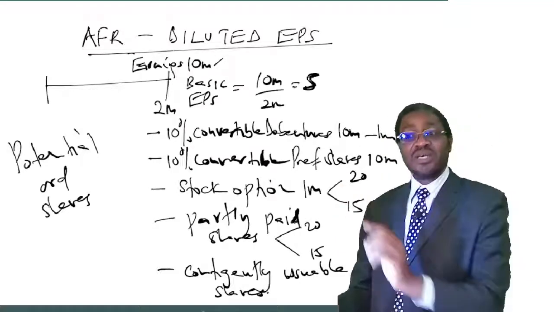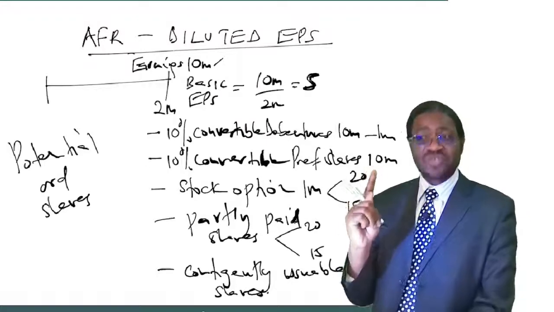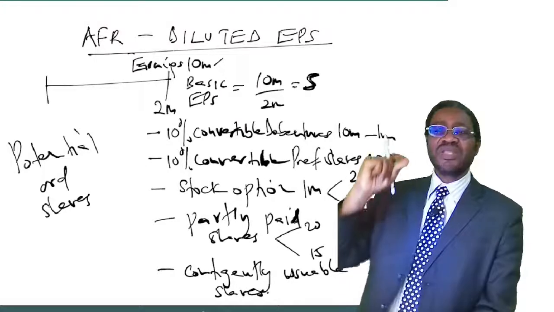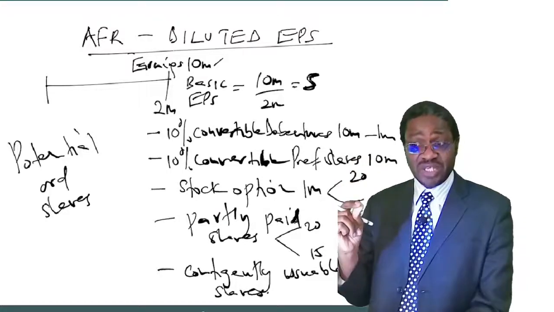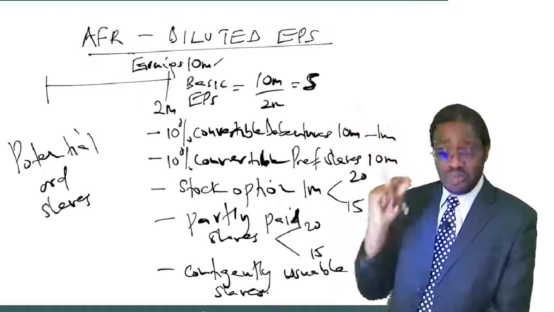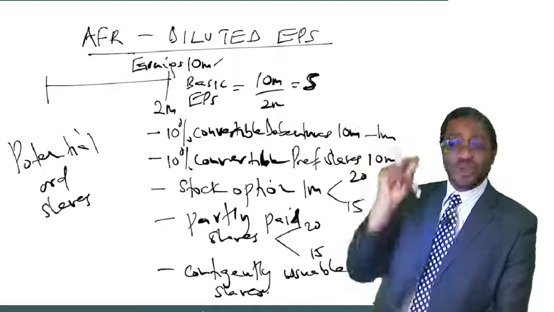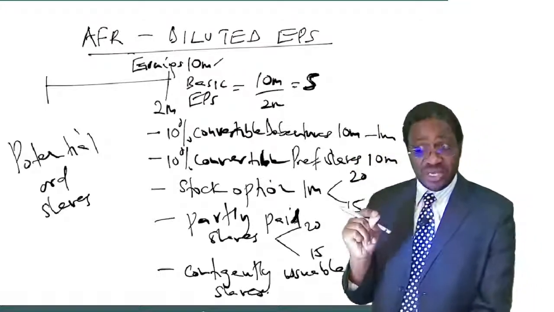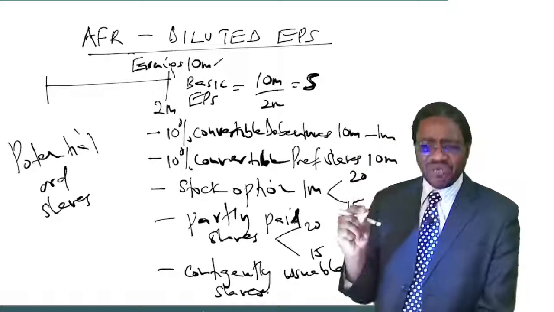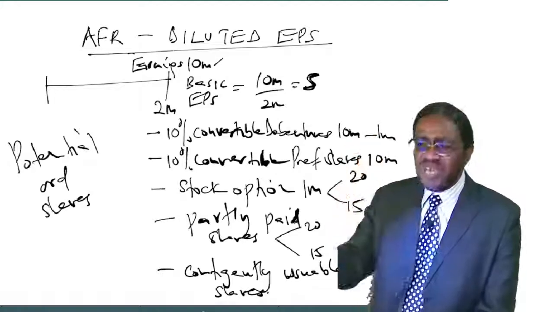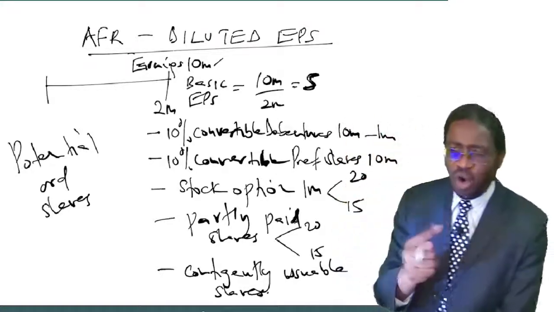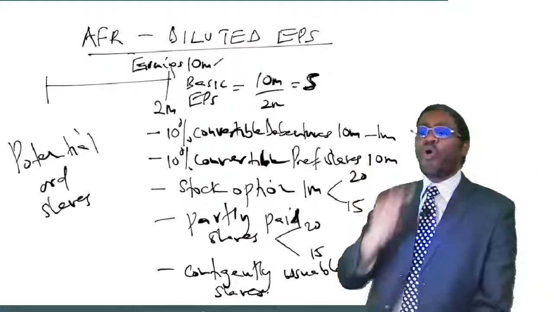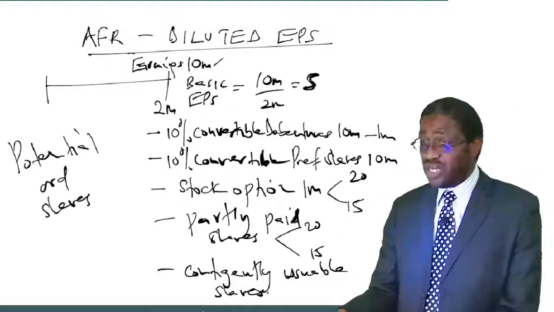The condition is you must ensure that the target has been met for you to get such shares. If the target is not met, then you don't qualify to get such shares. So those kind of shares which are going to be given on certain conditions, we call them contingently issuable shares.